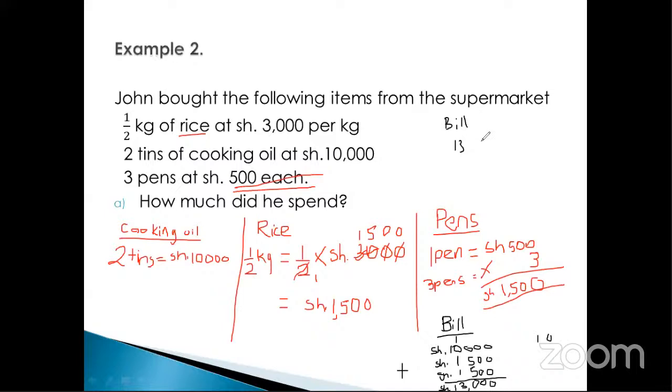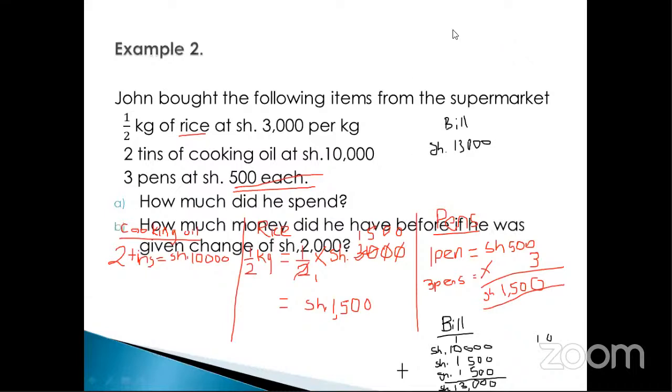That is our bill. Okay, so they can ask you to find the change. Yes, so they are asking us now to find the change.